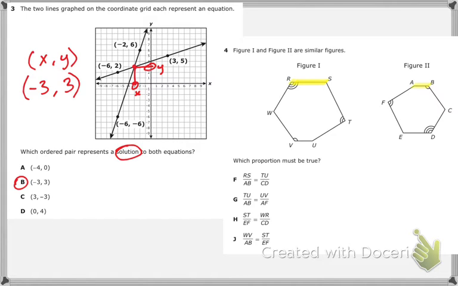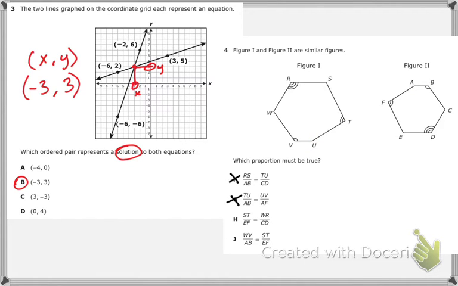RS and AB, they don't even match up, right, for F, because RS starts with the 3 lines and then A doesn't start with any lines. Okay, so F is not our answer. For G, we have TU, so we have 2 lines going to no lines, and then AB, no lines to 1 line. That's not even, they don't match up either, so I know this is not my answer either.